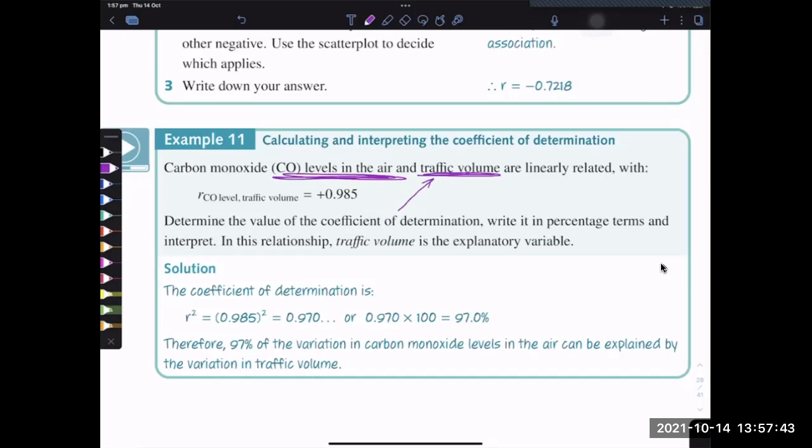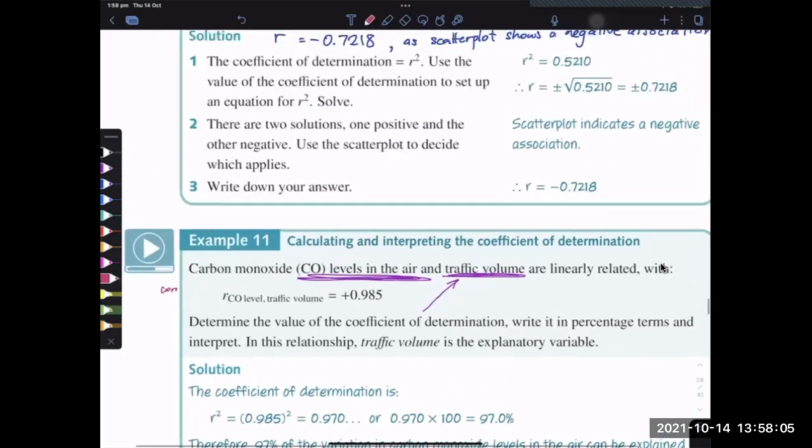All right. So we see here, is this the coefficient of determination or is that the correlation coefficient? They've just given us a correlation, an R value. Always good to identify the difference between the two.